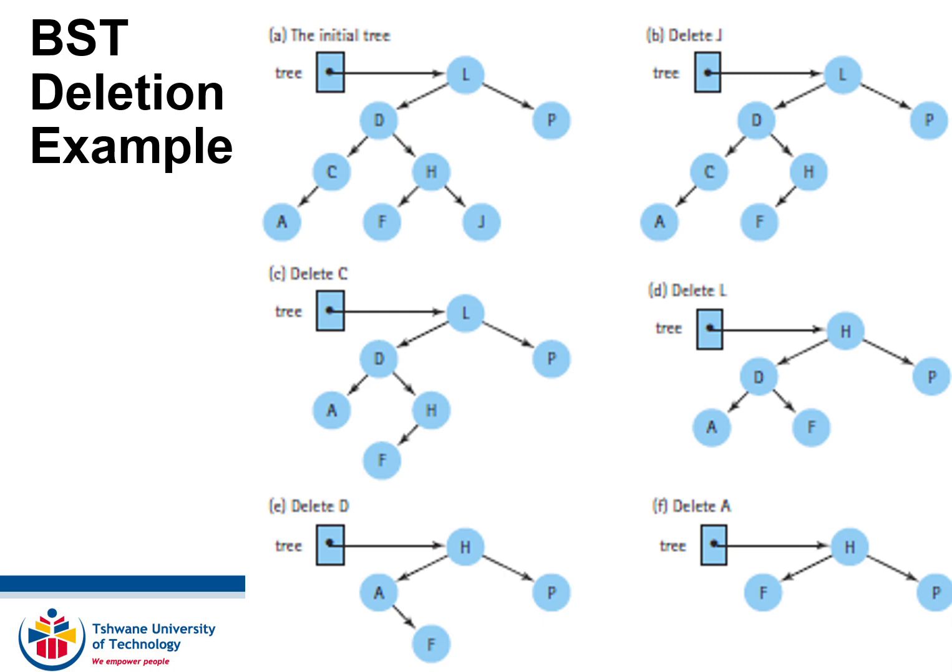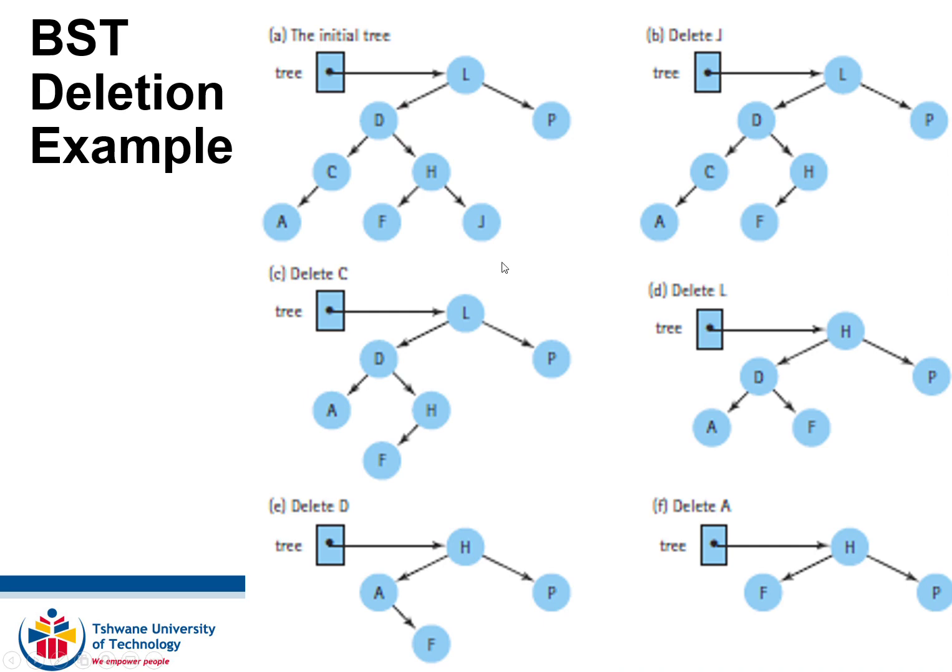Okay? It's either you replace with the biggest on the left or the smallest on the right. Simple. Now, C here has only one child, which is A, so A will automatically take over the position of C, which is why after deleting C here, we point directly from D to A.